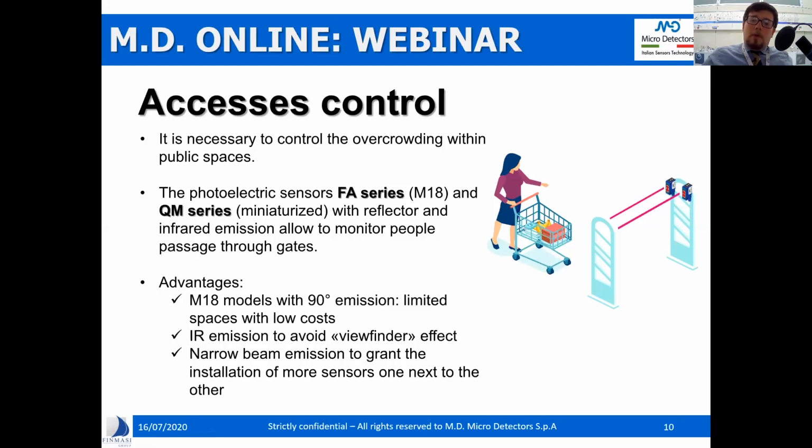Because with the red emission, we have the so-called viewfinder effect, and the viewfinder effect can create some disturbances in persons who see these red spots on their clothes. The narrow beam emission of these photoelectric sensors allows us to install them in very limited space, one beside the other.